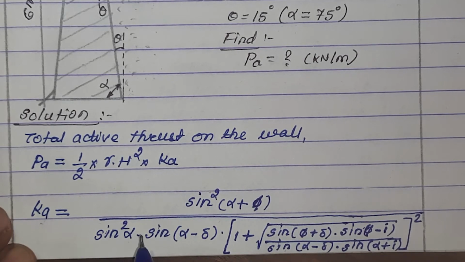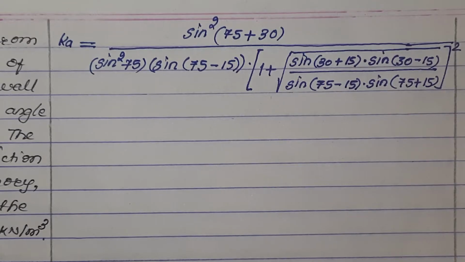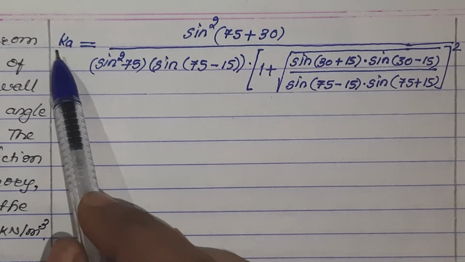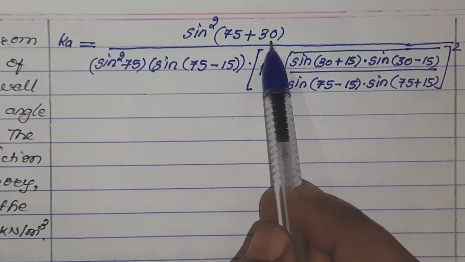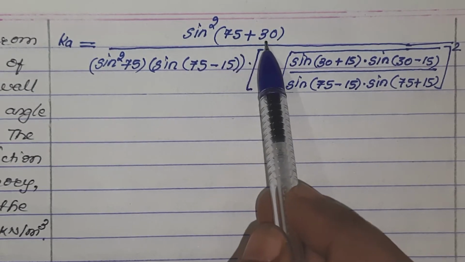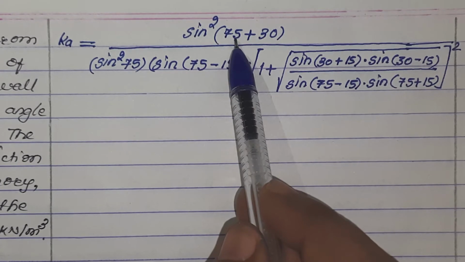Okay, let us put the values and get the answer for Ka. Thus, Ka equals sine square of 75 plus 30, that is alpha plus phi. What is alpha?